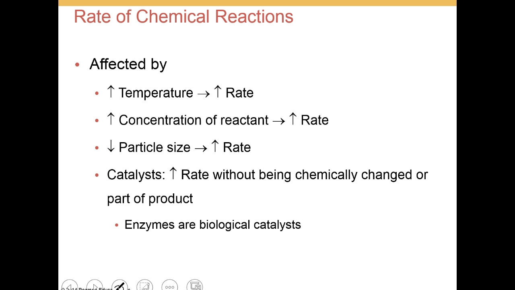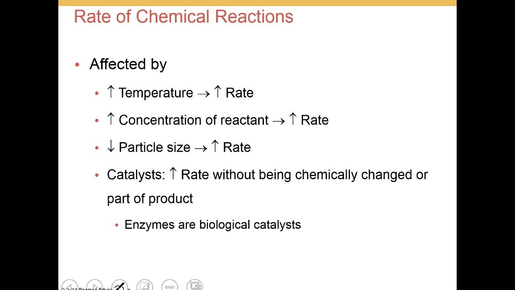So the rate of these reactions are affected by temperature. If you increase the temperature, you're increasing heat energy. That can increase the rate of the reaction. The concentration of the reactants: how many reactants do you have available to become product? Decrease the particle size. Smaller particles move around faster.